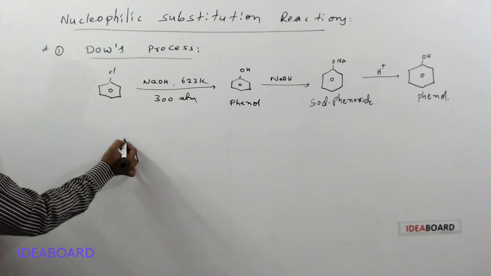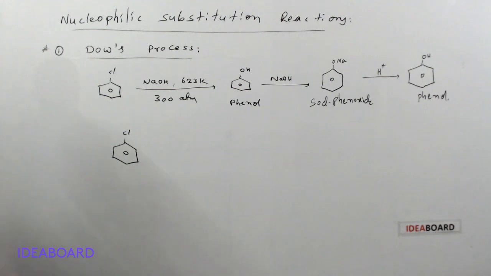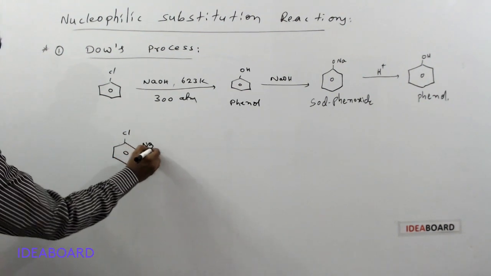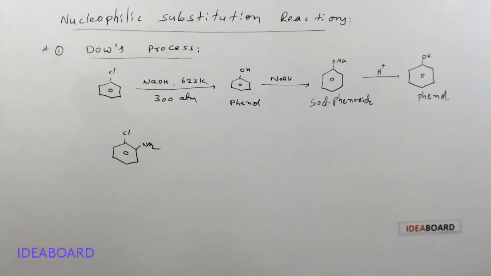Suppose I am taking chlorine, and here we are taking an NO2 group. This is called a nitro group.